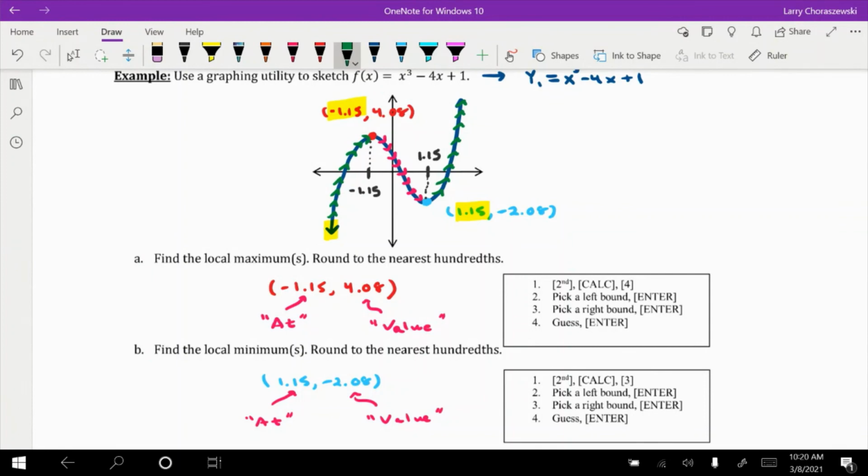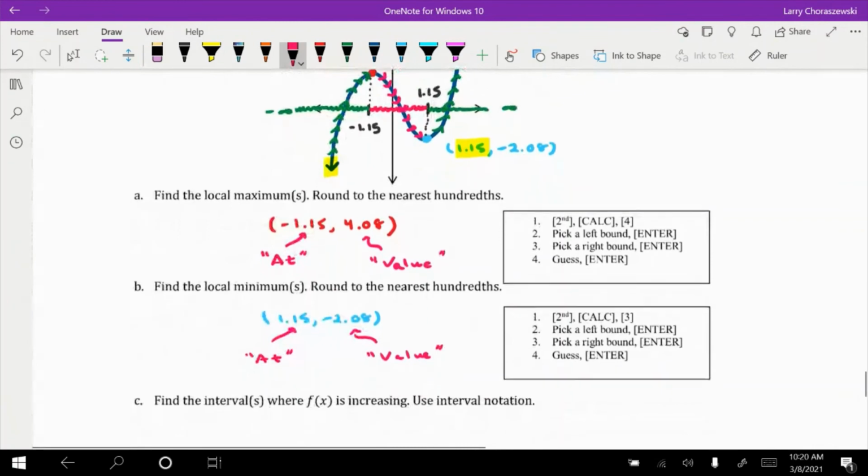All right, so for part C, the first section of the x-axis goes from negative infinity to negative 1.15, and the second section goes from 1.15 to positive infinity. And then for part D, it's from negative 1.15 to 1.15, and that's it.